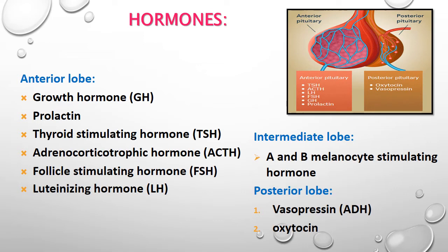These are the anterior lobe hormones. The intermediate lobe secretes MSH, the melanocyte stimulating hormone. The posterior lobe secretes two hormones: vasopressin, or antidiuretic hormone, ADH, and oxytocin. So these are the hormones of the pituitary gland.